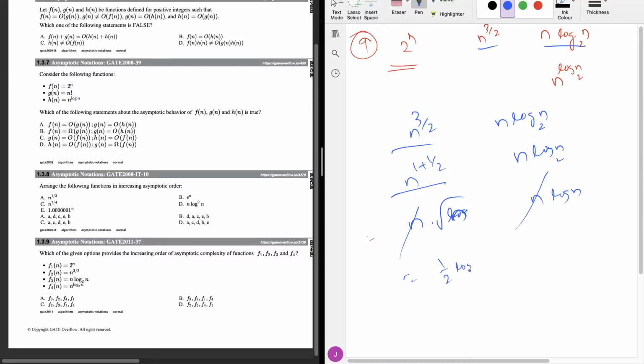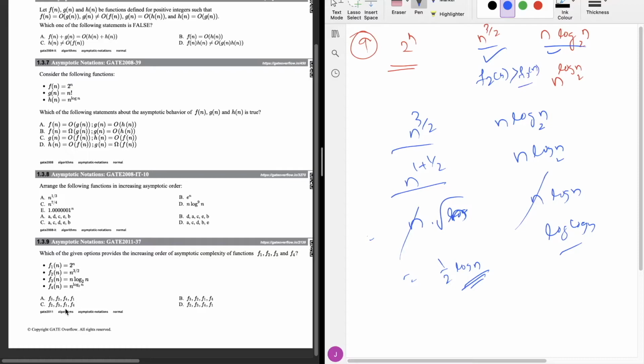If you apply the logarithm to root n, that half exponent gets multiplied with log n, so we get half log n, and here we get log n. So half log n is smaller than log n, which means n power 3 by 2 is greater than n log n base 2. So f2 of n is greater than f3 of n.